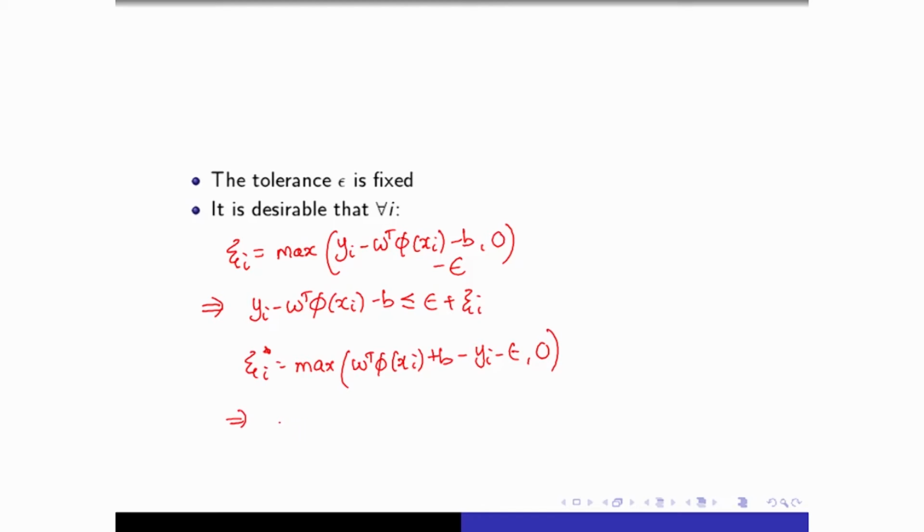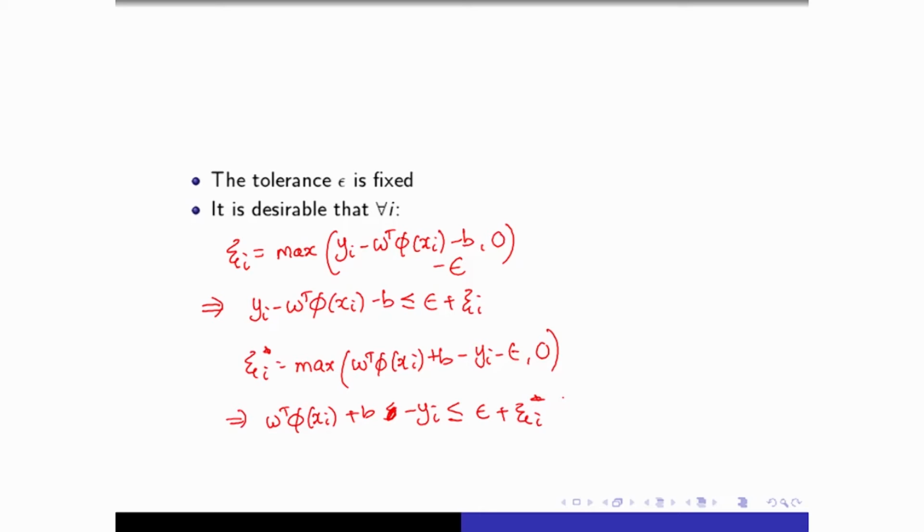This implies that w transpose phi of xi plus b, minus yi, should be less than or equal to epsilon plus xi star. So these are the constraints we would like to impose.